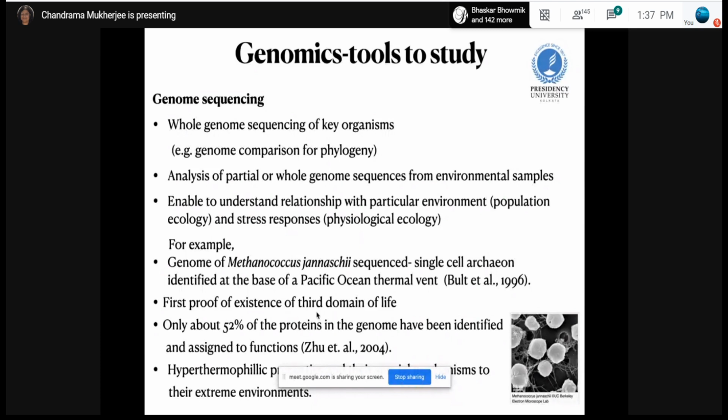So I would like to give you some examples of how this integration of molecular tools helps us to better understand ecological problems. For example, a gene encoding a specific photopigment, rhodopsin, was discovered within a large fragment of DNA belonging to an as yet uncultured bacterium that is ubiquitous in the ocean.